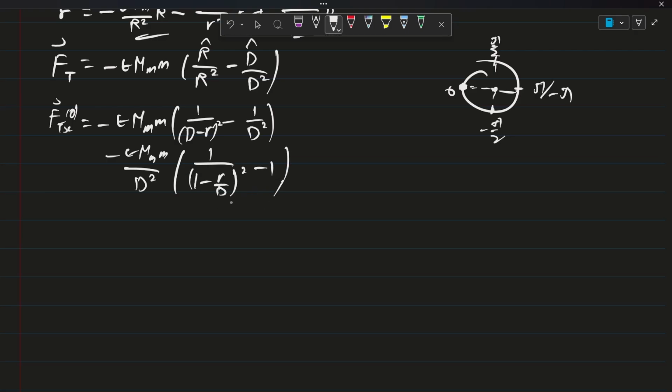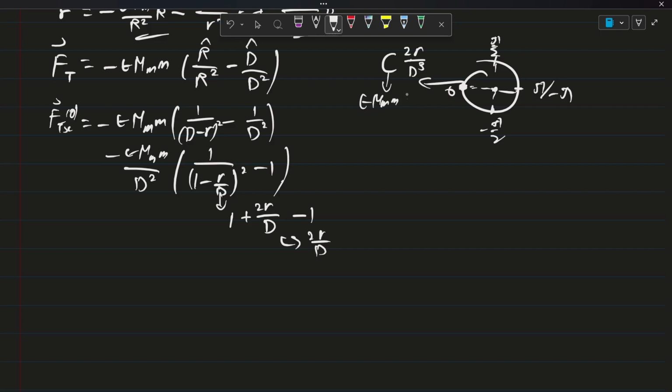And if you know about the Taylor series, you would know that you could just expand this. This is 1 plus 2r over d, if I do this properly. And subtract that by 1, this would be 2r over d. Therefore, the force in here is proportional to 2r over d cubed. I mean, there would be a constant at the front, we'll just write this as big C. So you would see that the force here is 2r over d cubed times this constant, where this constant is just GMm.